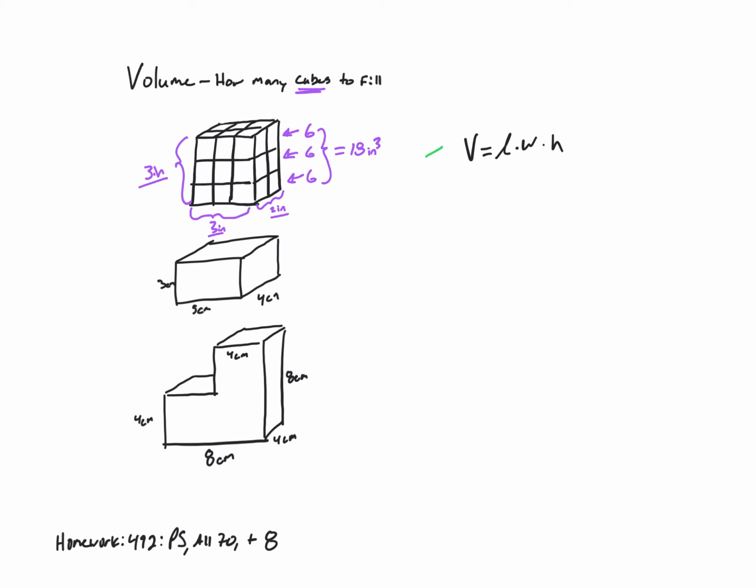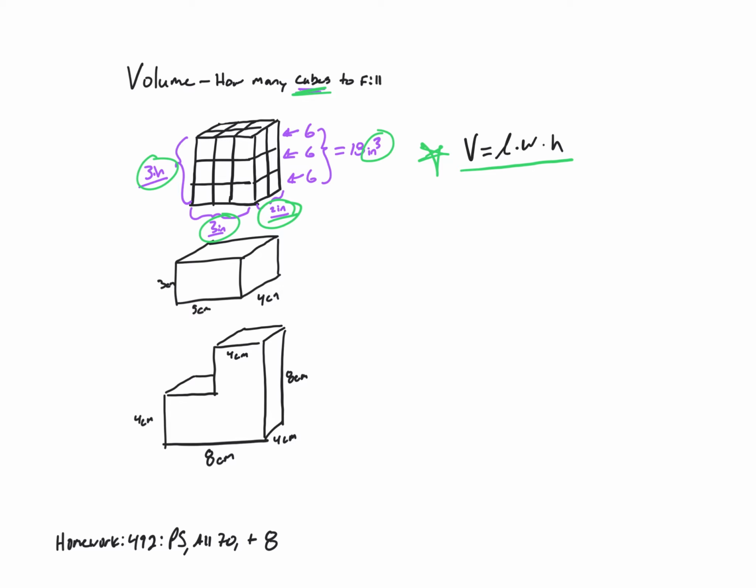So our equation for finding the volume is length times width times height. Here's the length, here's the width, and here's the height. That will tell me the volume. Volume is always measured in units cubed, because we're talking about how many cubes it takes to fill it.